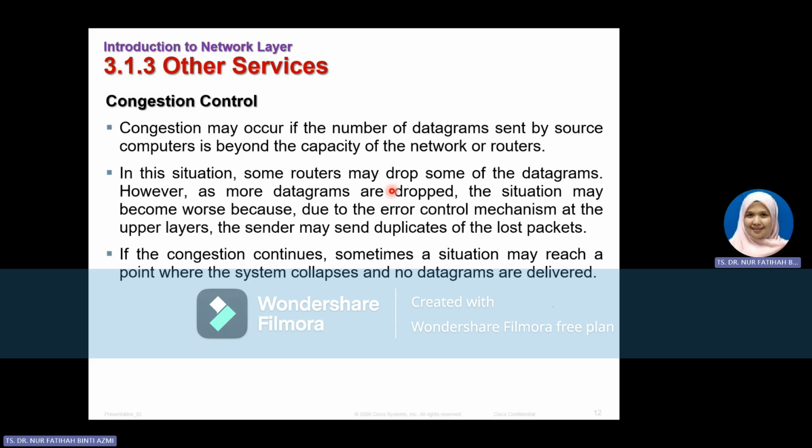In this continuous cycle, the network can crash and no data will be delivered. Hence, we need to control the congestion. Congestion control is usually handled above the network layer to keep things efficient.